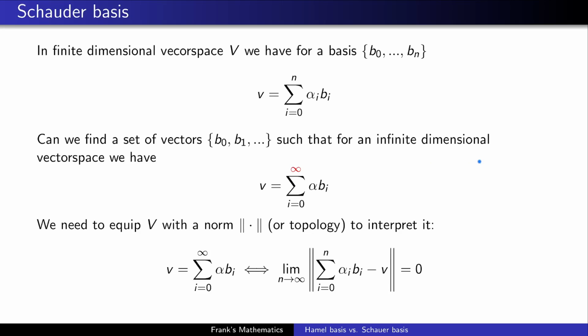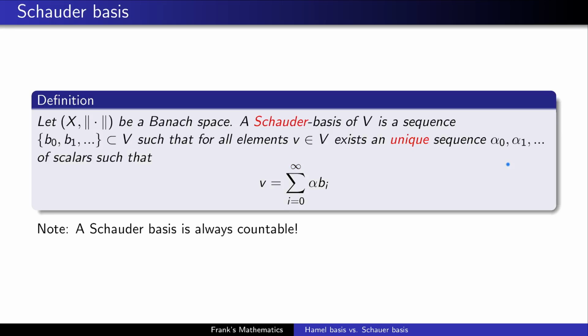And well, let's just put it in a definition. So we assume that X is a Banach space, so X has a norm here. Then we say a Schauder basis is a sequence b0, b1, b2, and so on, such that for all elements v in our vector space there exists a unique, and I want to point out this uniqueness here, sequence of scalars such that this infinite sum here on the right is our vector v.